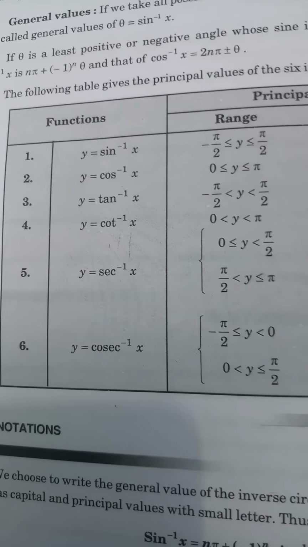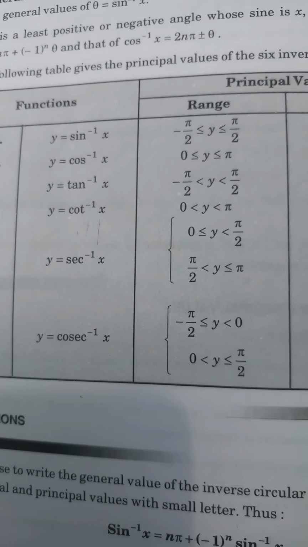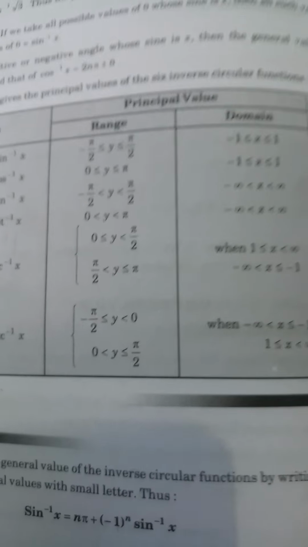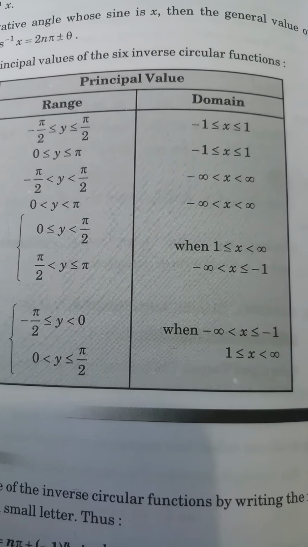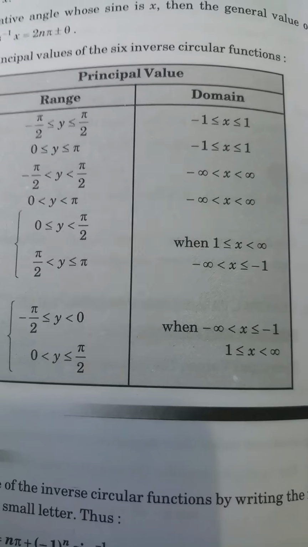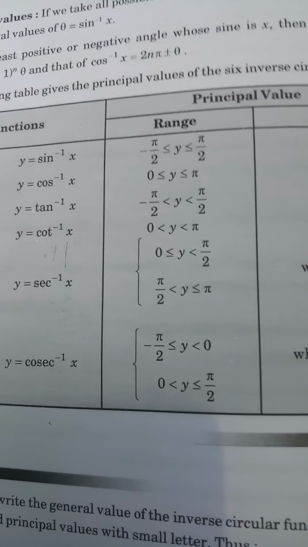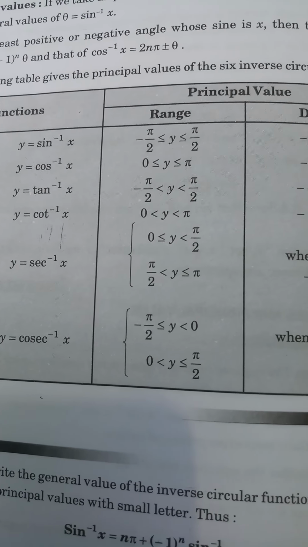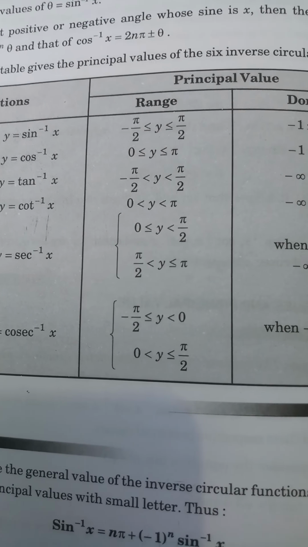Principal values. For the function y equal to sin inverse x, there is a domain and a range. The domain is x lies between -1 and 1, and the range of sin inverse x is minus pi by 2 less than or equal to y less than or equal to pi by 2.